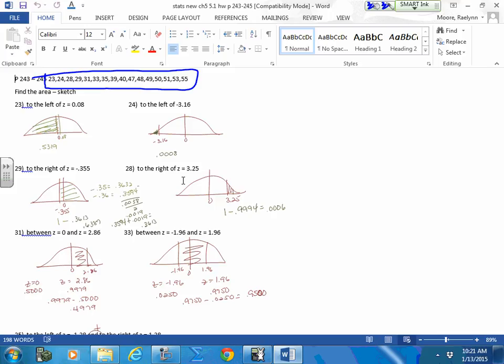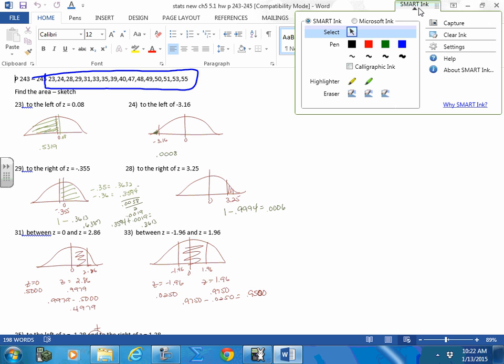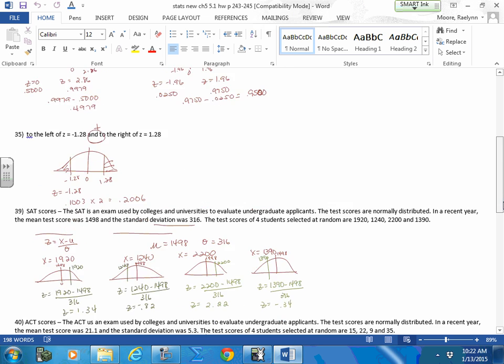Number 23, 24, 28, 29, 31, 33, 35, 39, 40, 47, 48, 49, 50, 51, 53, 55. Now look, they look like this. You're just finding areas. Yes, I want a sketch. Make sure, guys, you give me a sketch.